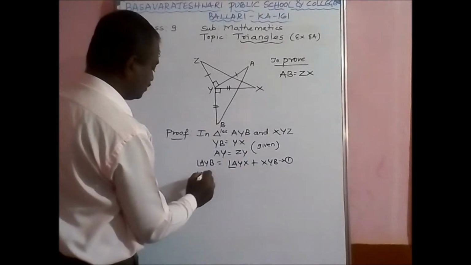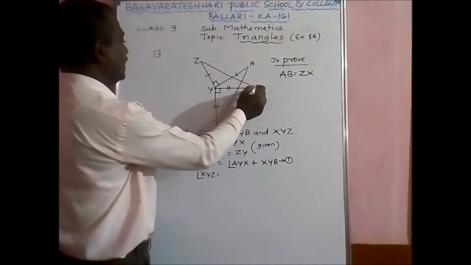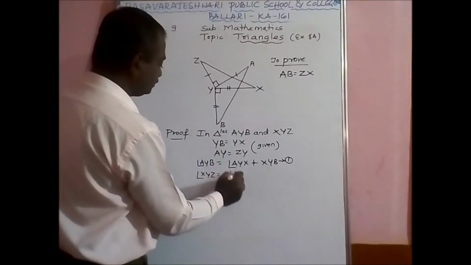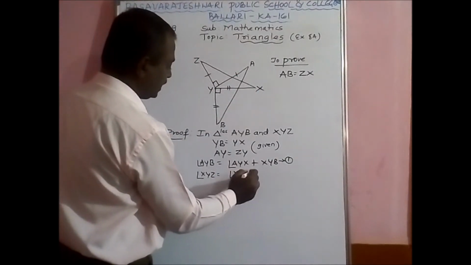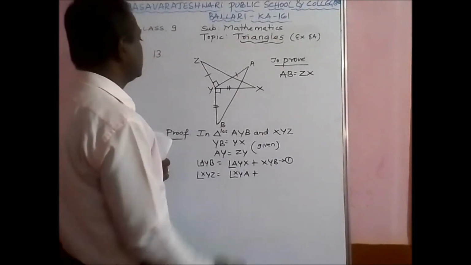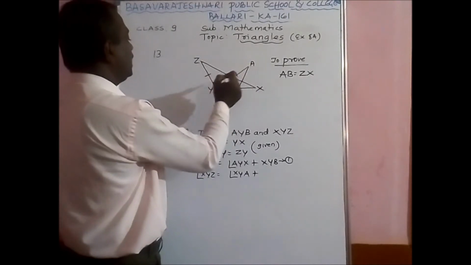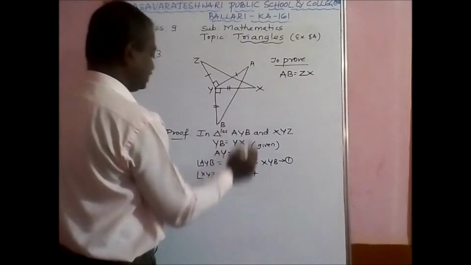Similarly, I will take angle XYZ. Angle XYZ is equal to, it also includes two angles: angle XYA plus angle AYZ.